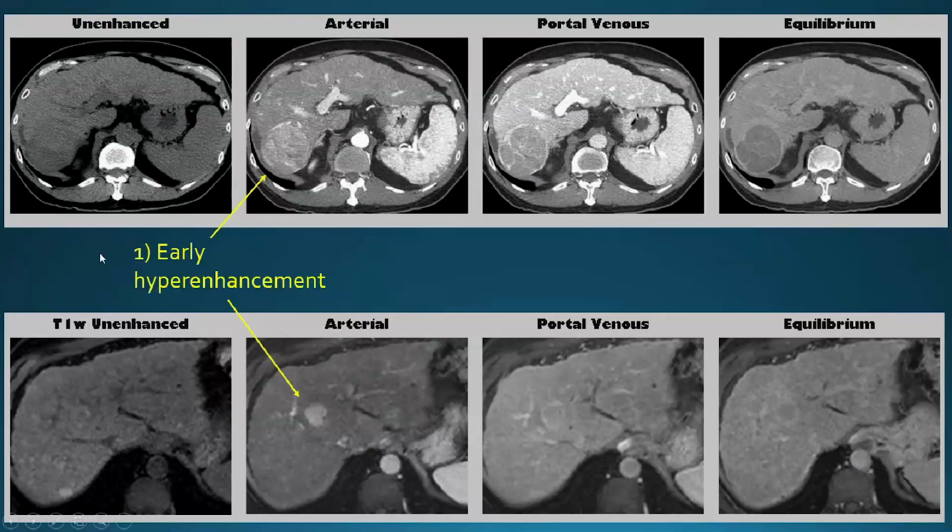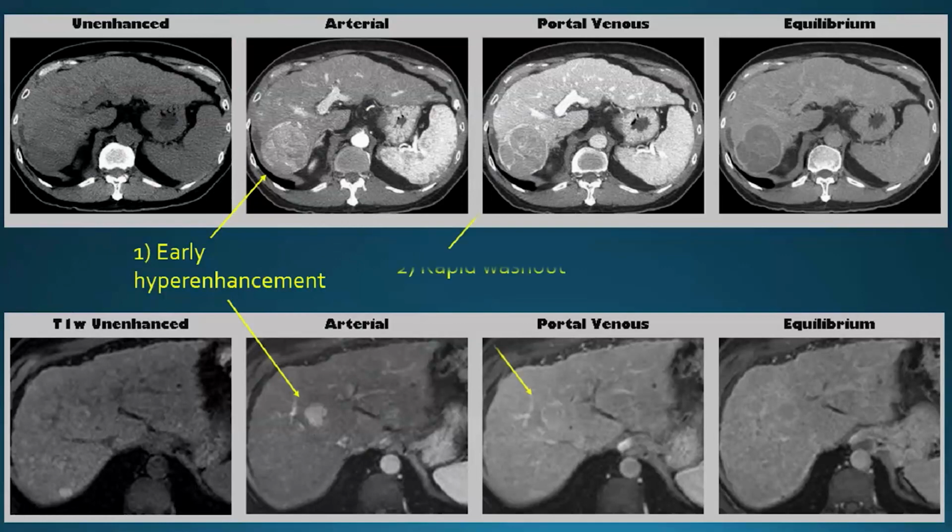However, when we do inject contrast in arterial phase, we see early enhancement of these lesions, which is common in several different benign and malignant categories.